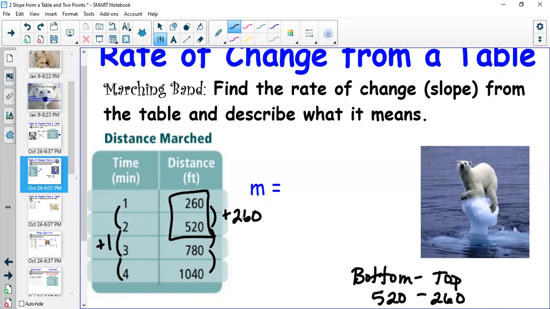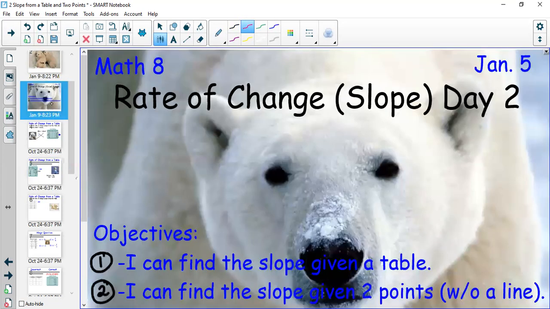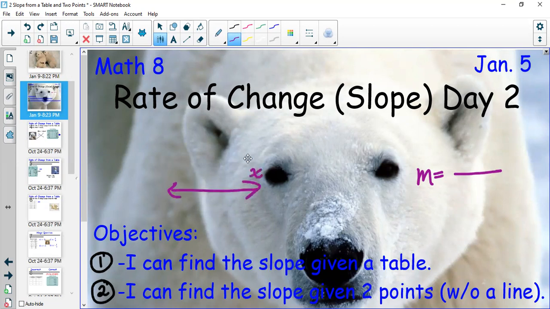Now here's where most people make a mistake. You might want to put this at the very top of your notes for today, maybe next to the title page. So we talked yesterday that slope was rise over run. If I'm talking about a t-table here, I want you to think about which axis. Is it your x-axis or is it your y-axis that shows the rise?